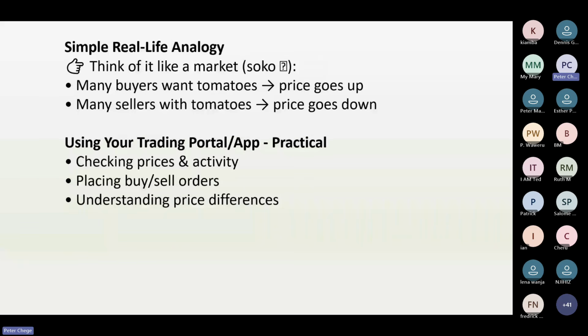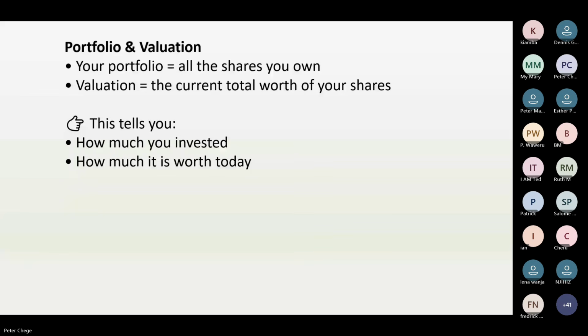So we come to portfolio valuation. This is the most important screen. When you buy shares, we said money moves to CDSE, but shares, when you buy shares, money moves to the person who has sold to you, and shares move from them to you. So that happens at CDSE level. So shares move from the seller's account to the buyer's account.